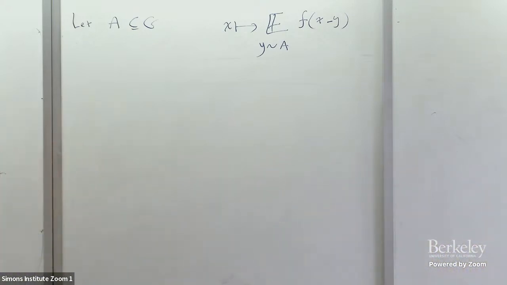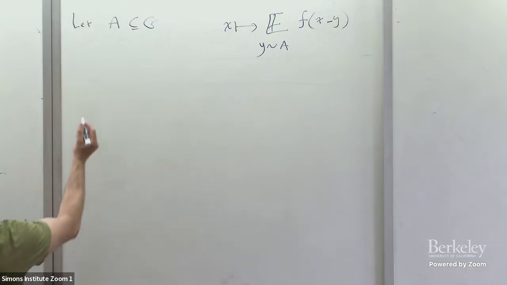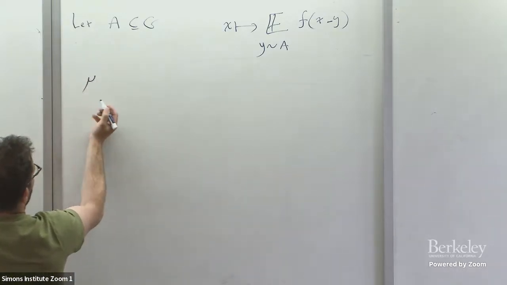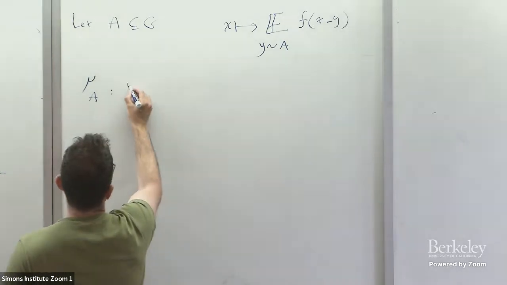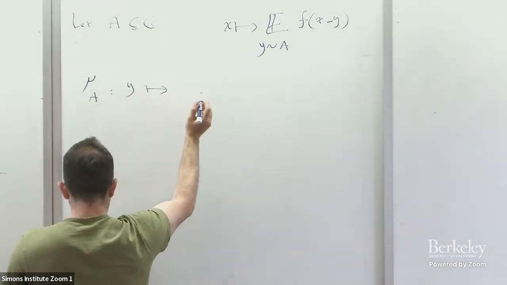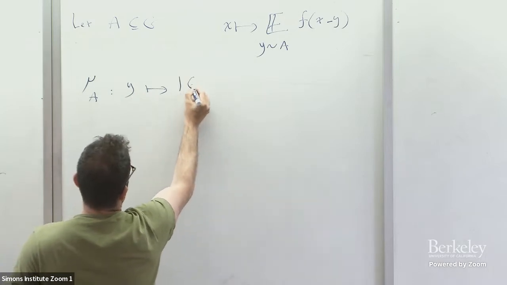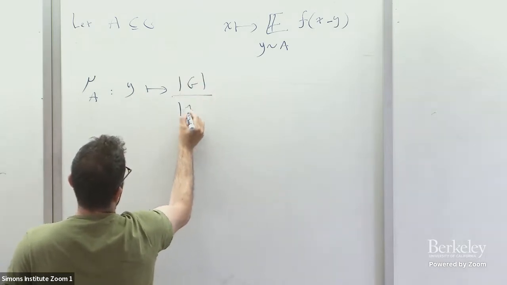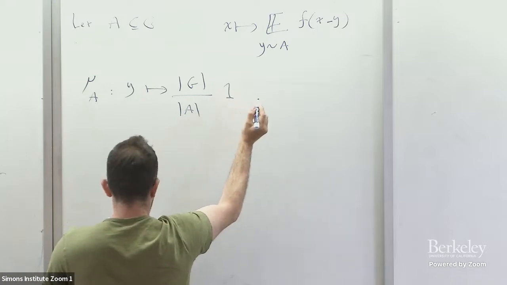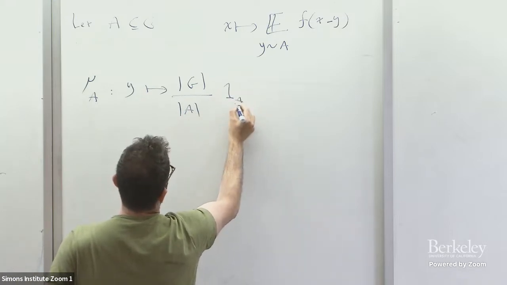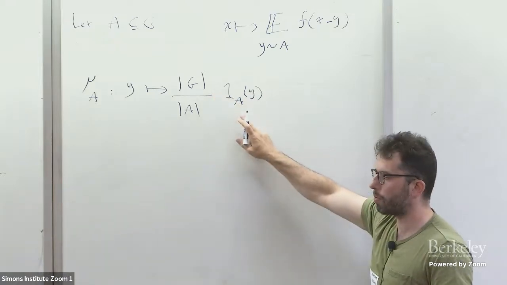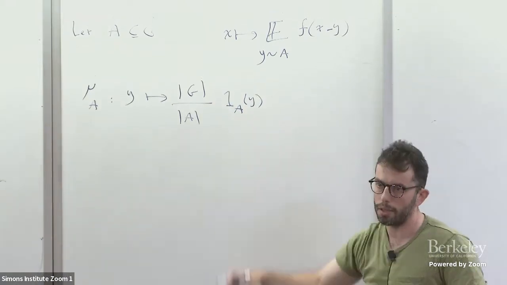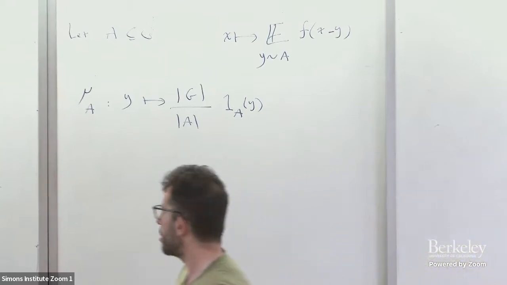So how do I represent this with convolution? I can define this thing, mu of A. It maps every point y to a normalization factor, G over the size of A, times the indicator function of the set A, which is 1 if y is in A and 0 otherwise.